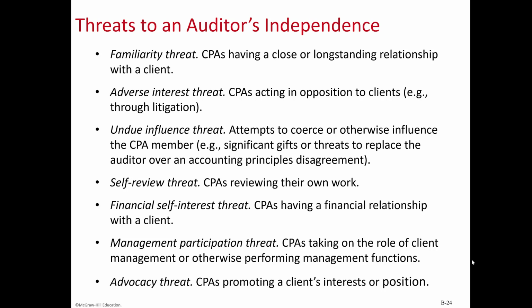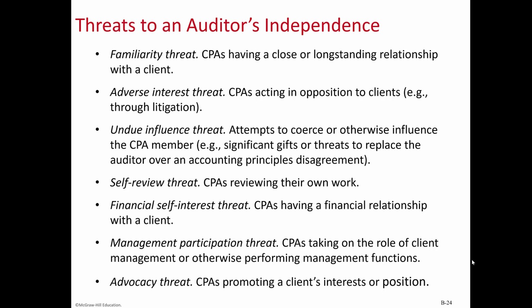So threats to an auditor's independence can exist in various formats, such as a familiarity threat, where a CPA has a close or long-standing relationship with a client. You can have an adverse interest threat, where the CPA is acting in opposition to the client, such as if they have a litigation claim. You may also have an undue influence threat, which is attempts to coerce or influence the CPA member.